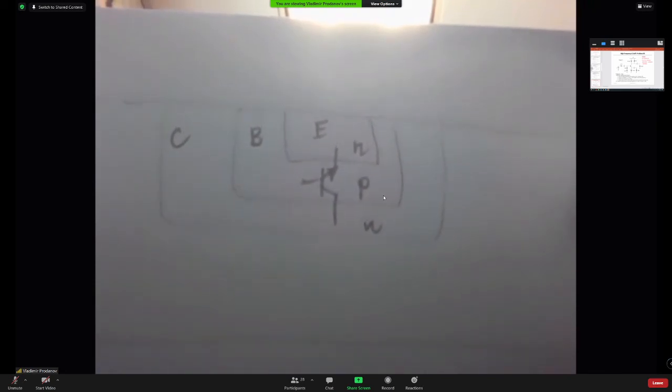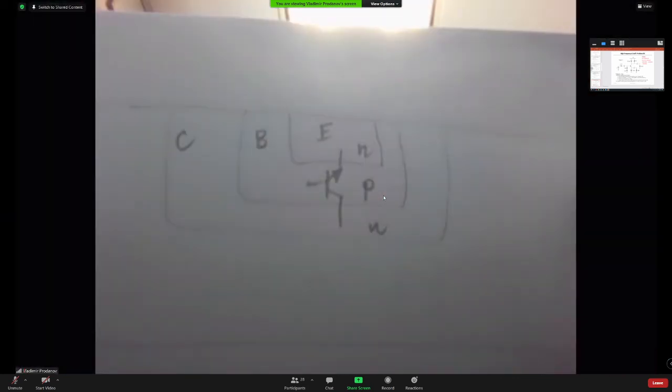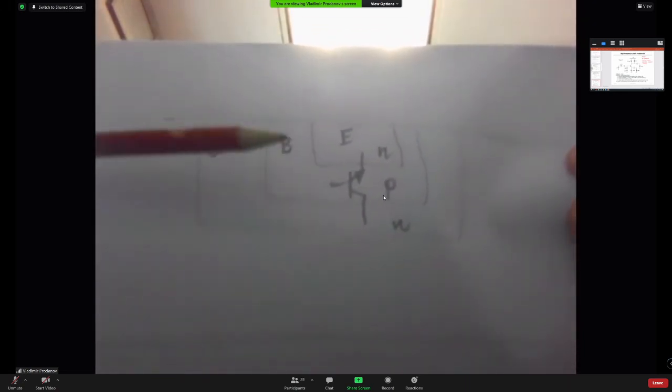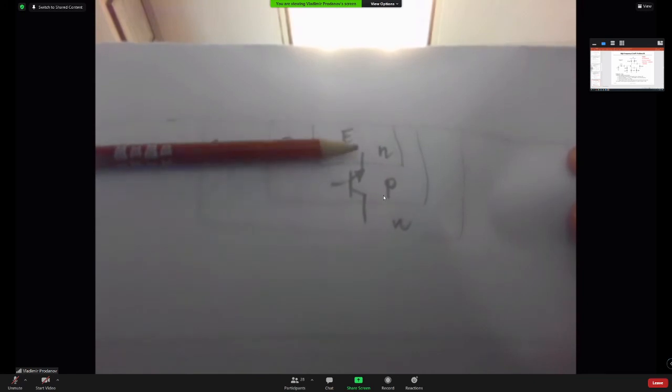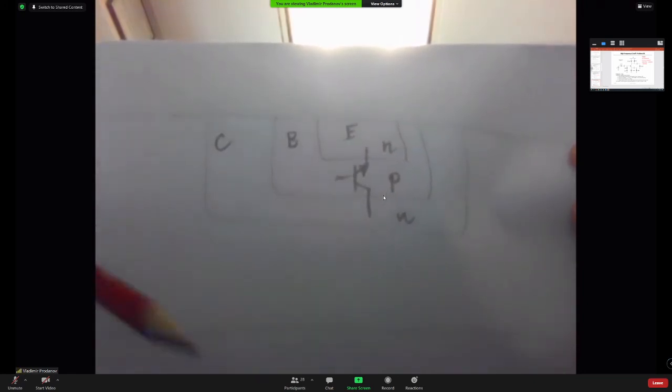Can you see what I have drawn? Yeah. Take a good look at it, because what I'm showing here is, you will see shortly, one extra capacitor, and it's typically a large value capacitor. Notice, well-designed BJTs are typically vertical in nature.